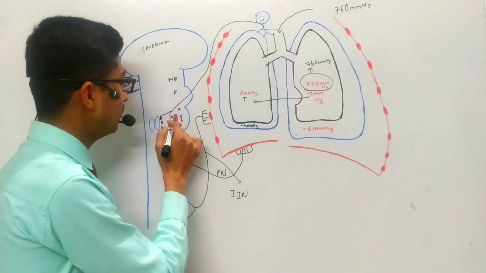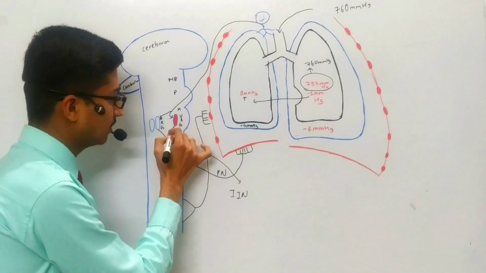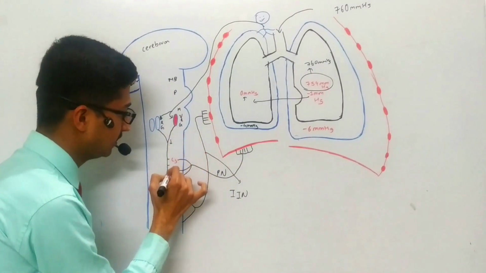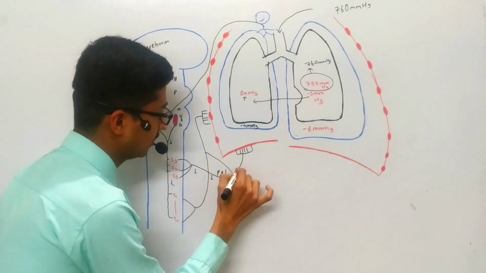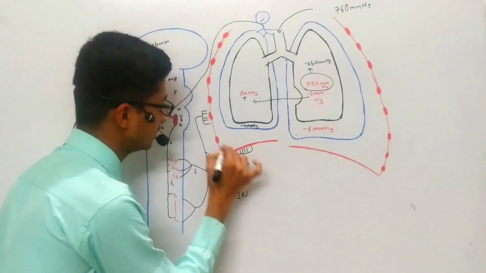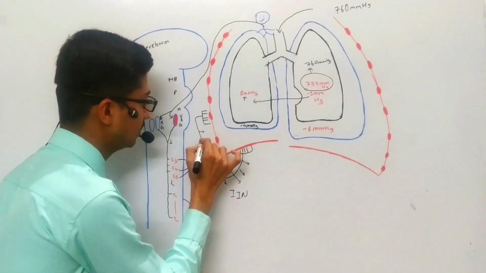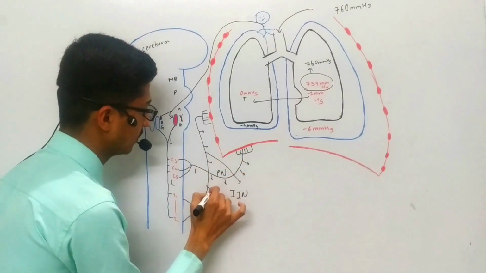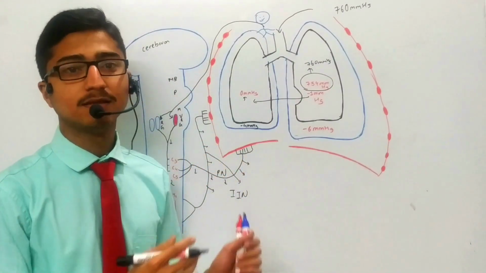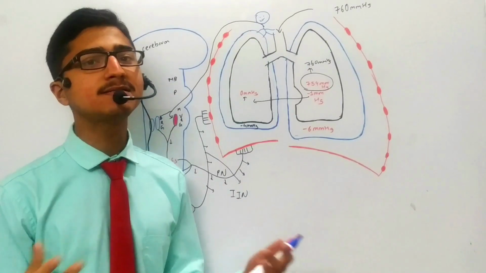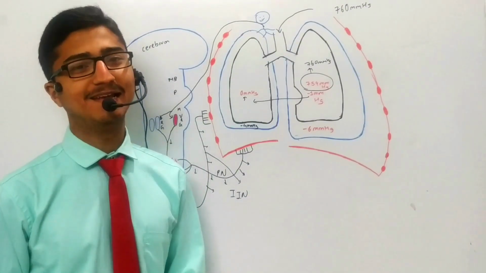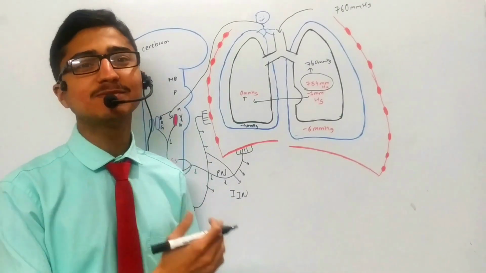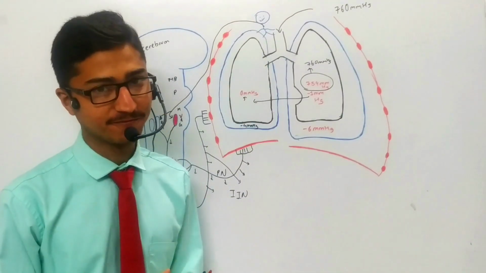As the stimulus stops, the nerve frequency decreases. So here you can see that the velocity of impulses decreases here as well as here. It causes the diaphragm as well as the external intercostal muscles to relax. And that's why this process is passive.